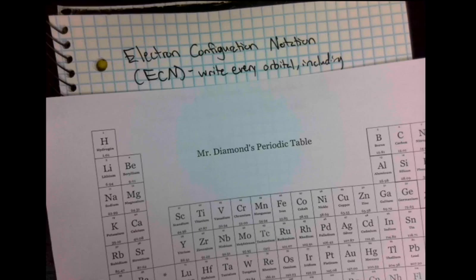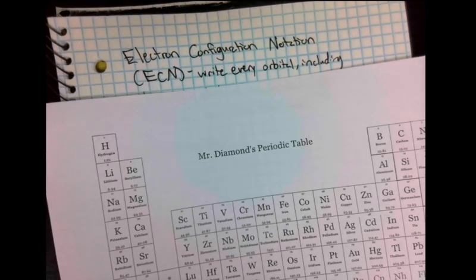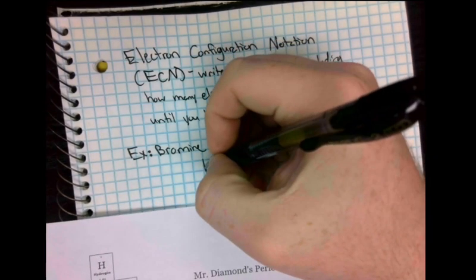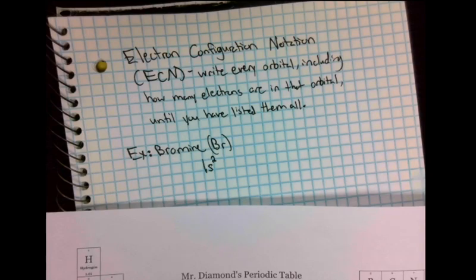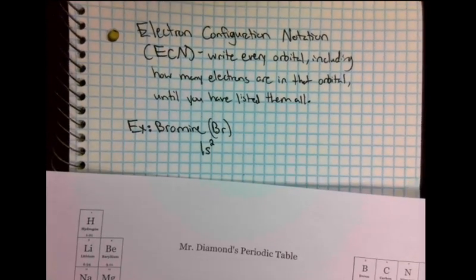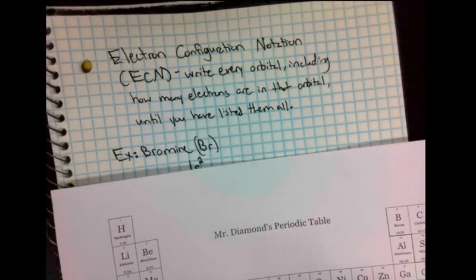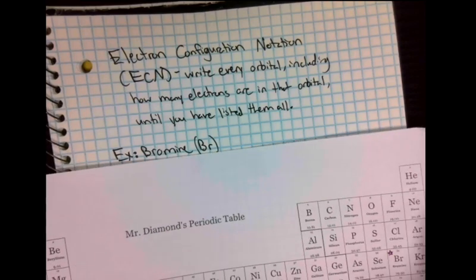So the first 2 electrons that are found inside of bromine fill on the 1s energy level. So this is the energy level, this is the orbital type, and this is how many electrons are in that orbital.